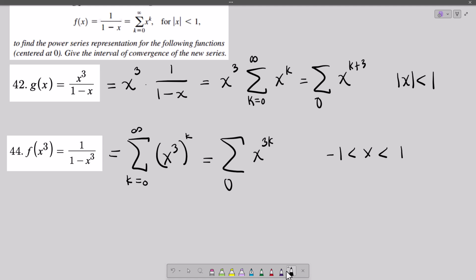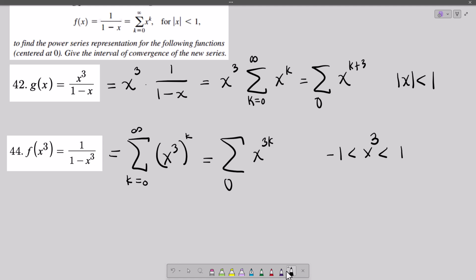If we replace this x with x cubed, we have to replace that x with x cubed. So in this interval of convergence, we also have to modify it with a composition. We turn that x into an x cubed.